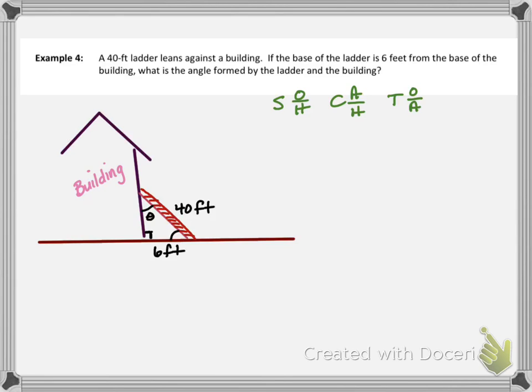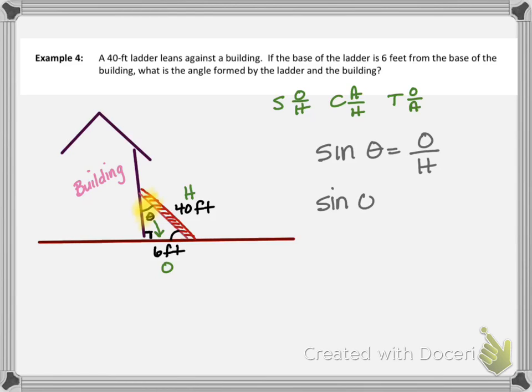If I'm standing here at the theta, we notice that the 40 is going to be our hypotenuse because it's across from the 90. And then the 6 feet is across from our theta, so that's going to be the opposite length. That combination is going to be our sine function. So sine of theta equals opposite over hypotenuse.